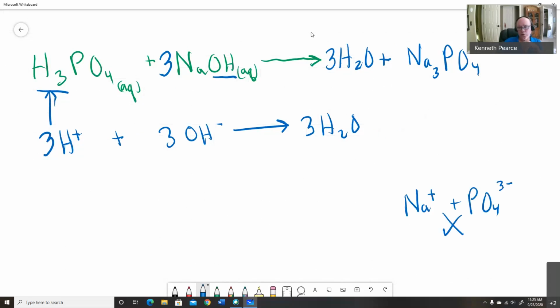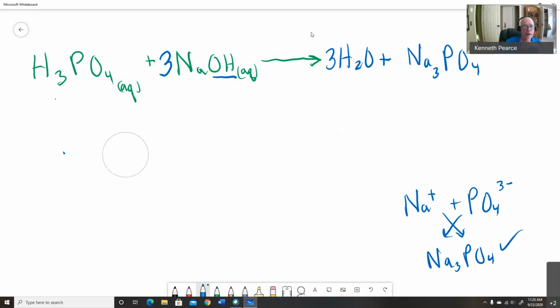And then if you cross the charges, the 3 comes down on the sodium and you have the phosphate. So I know that's charge balanced. And so now the top equation is balanced. It's the beauty of using the H plus and 3 OH minus to give you the 3 waters, it automatically is balanced. But you should always check yourself anyway, and it is.